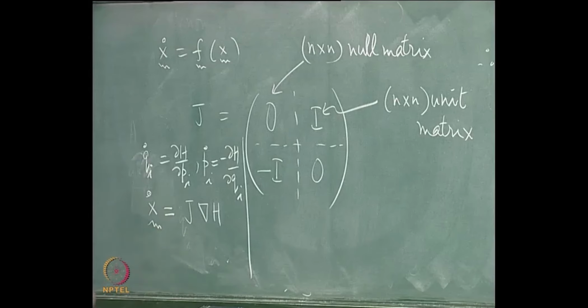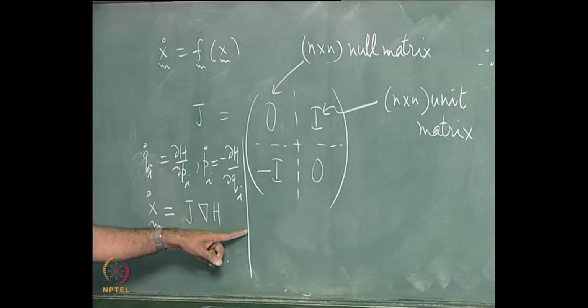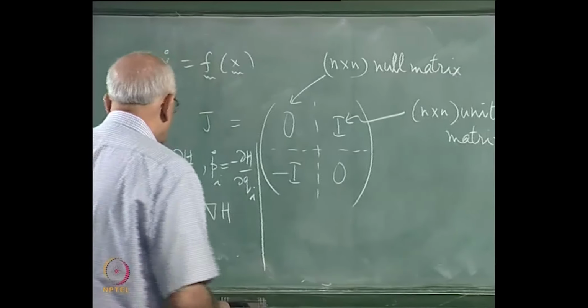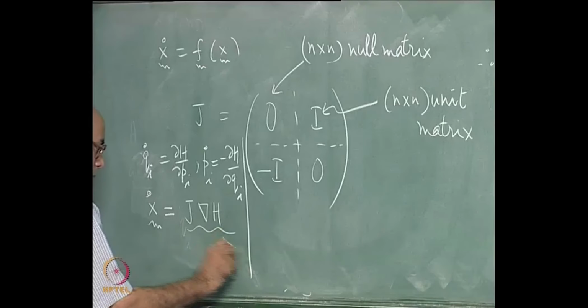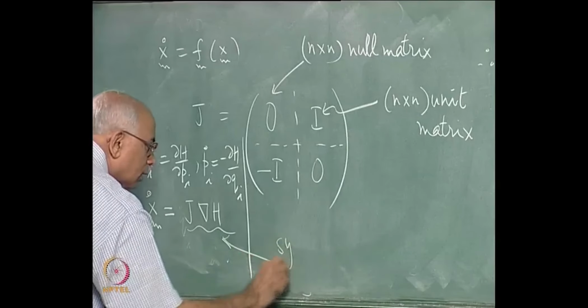So this J does the required trick of converting: the rate of change of the q's will depend on derivatives with respect to the p's, and the p's with respect to the q's, but with a minus sign. And this structure has a name, it is called the symplectic.